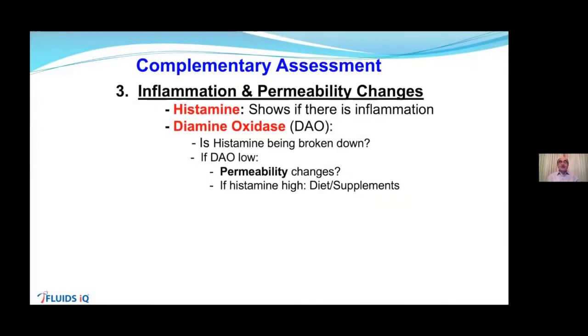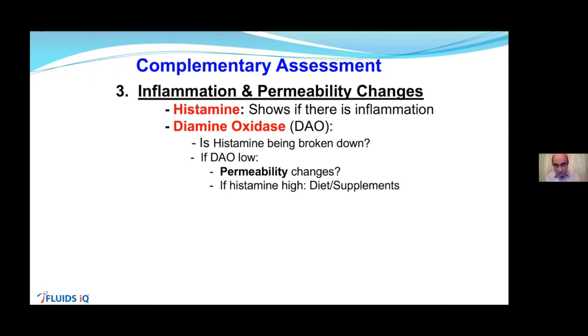The inflammation and permeability change, which we just discussed today, histamine, tells you if you have inflammation in the gut. Why is it there? The diamine oxidase, is it breaking down histamine well enough? Is it showing you that there is a permeability change? And if yes, where are you at that point in the damage to the cell?